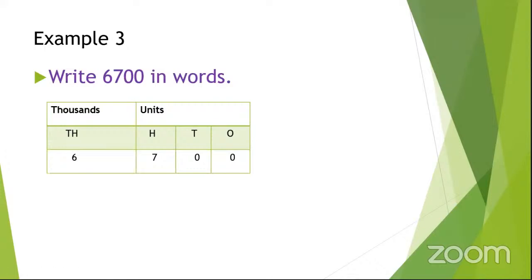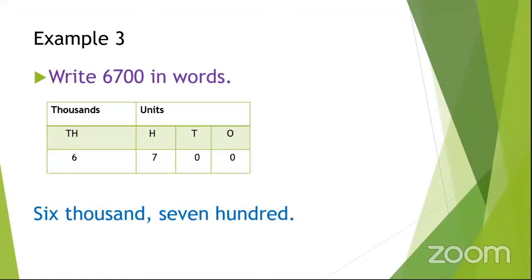So we should note that zeros after digits, that is 1 to 9, we don't need to write them. It is like saying that ones did not come and tens did not come, but the hundreds had come, and we have 7 of them. So we say 6,000, 700, and that's how we write it.